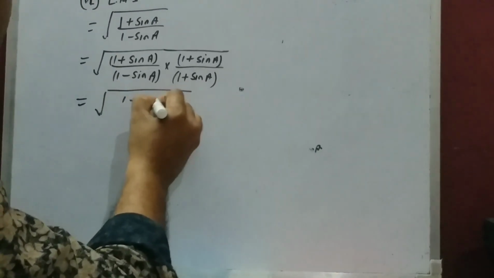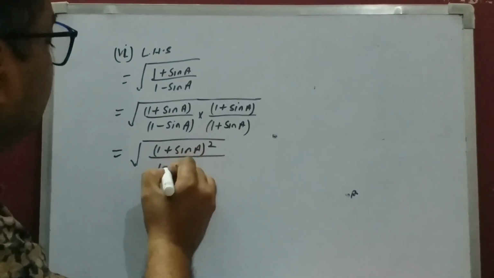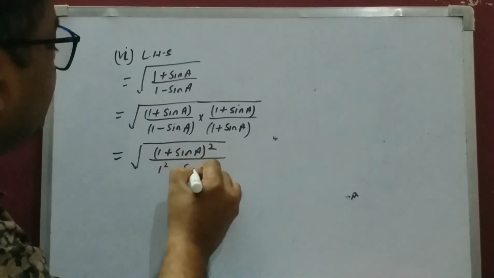And this becomes 1 plus sin A. A minus B into A plus B is A square minus B square.